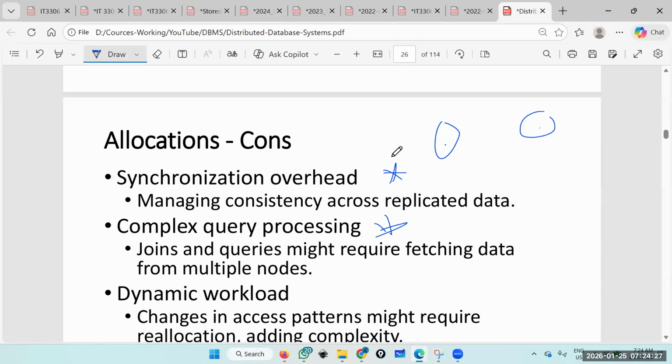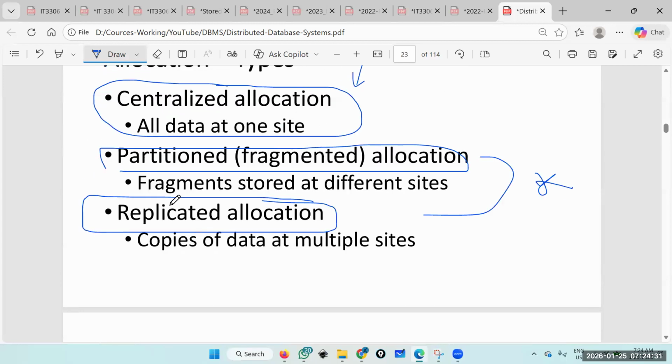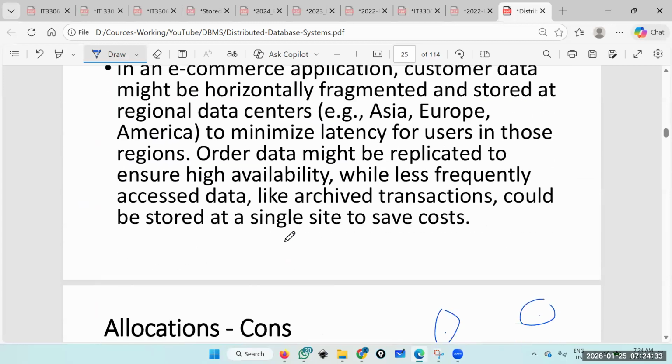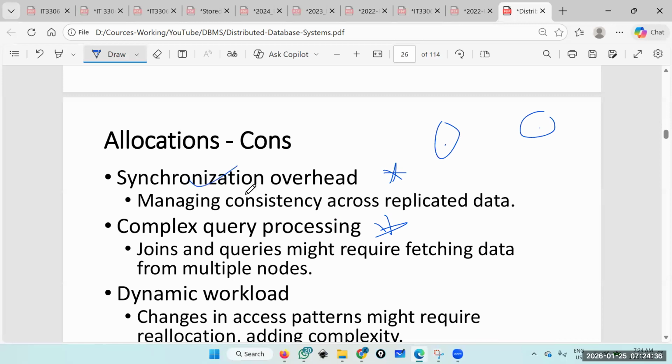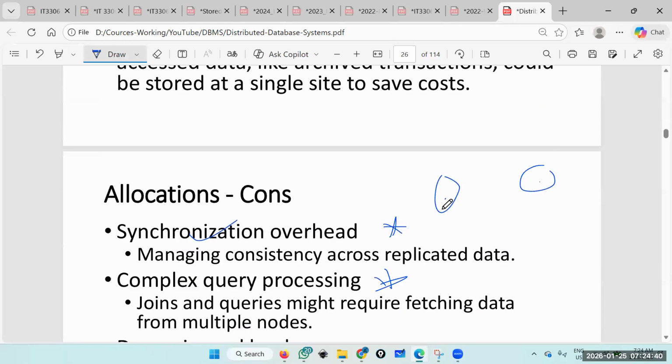And of course there is the dynamic workload, because we need to decide how the partitioning is done, the frequencies, and so on.